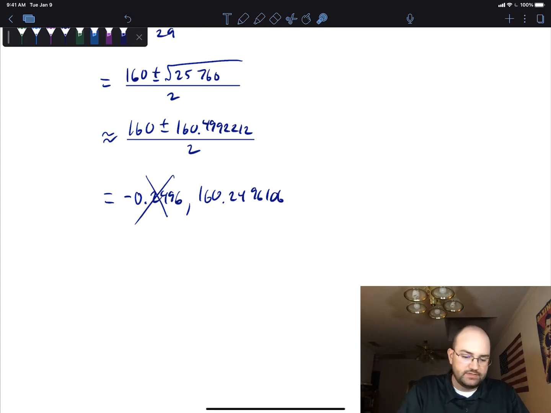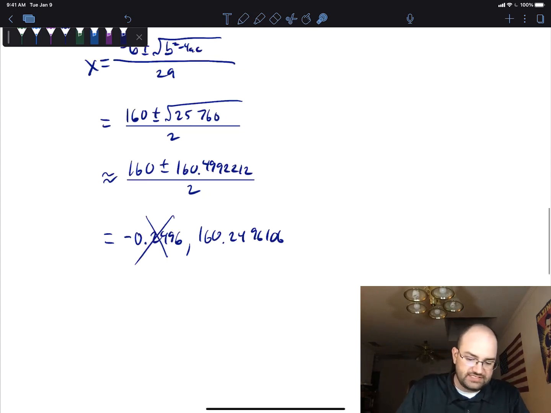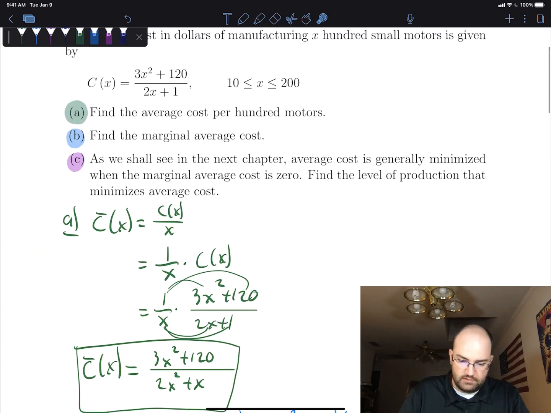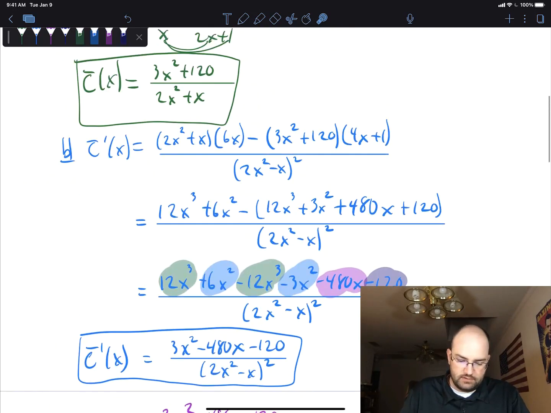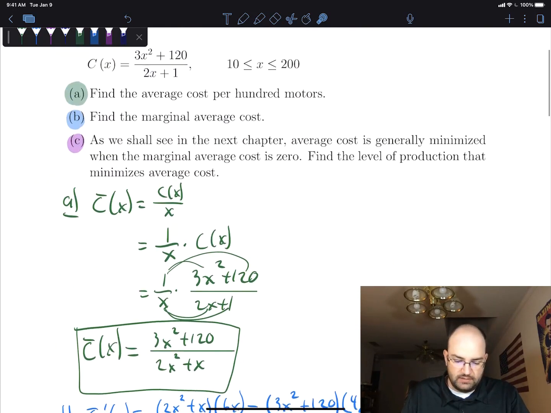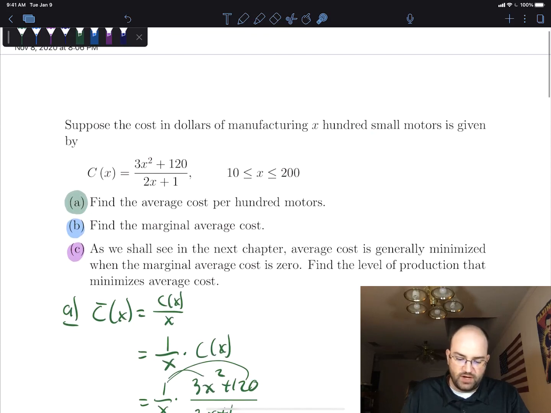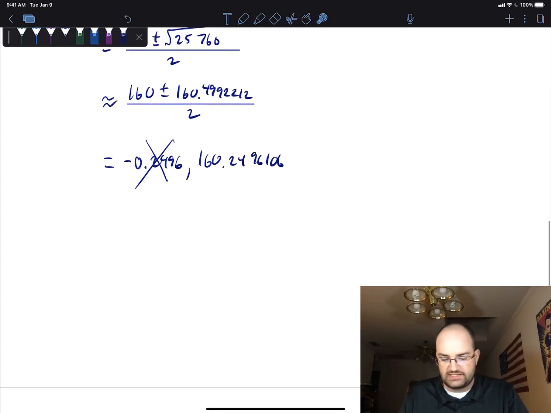So this tells me up here that because the average cost is generally minimized when the marginal average cost is 0, and since the marginal average cost is 0 at 160.2496106, then x would be, in 100 small motors, 160.2496106.